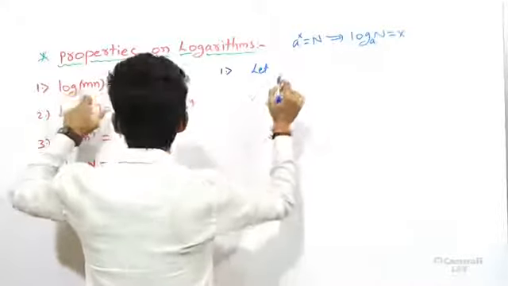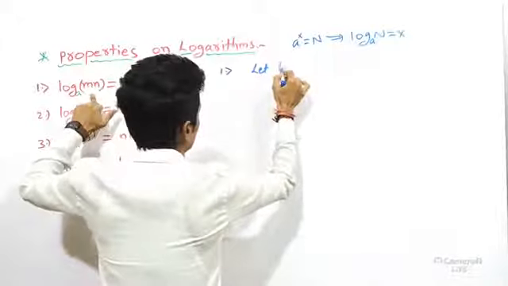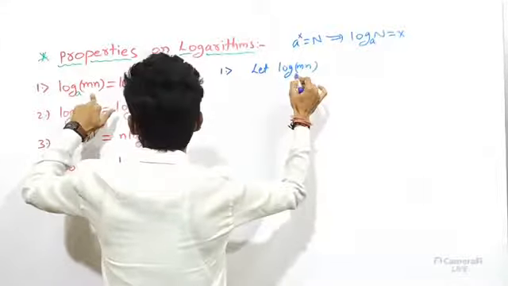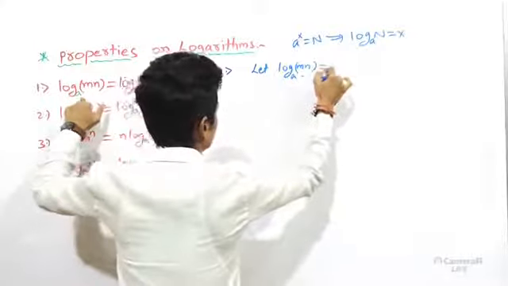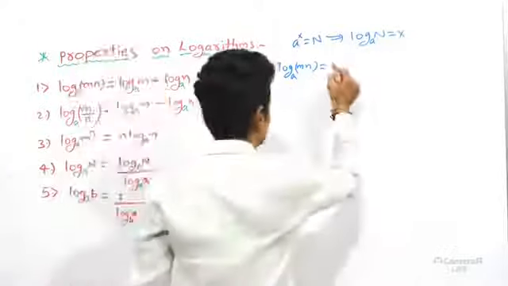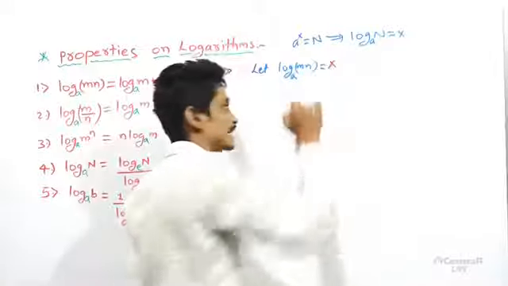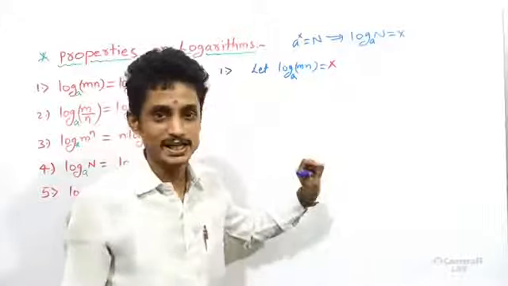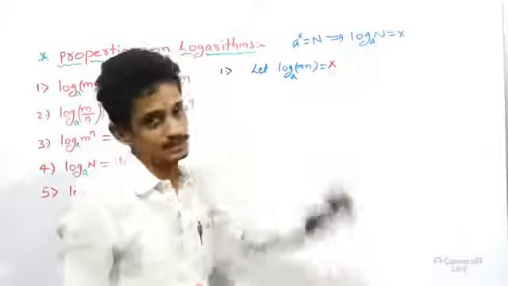Let us consider log of mn to the base a is equal to, I don't know the actual number, that's why I will write it generally as x, some unknown. For unknowns, x, y, z, anything we can take. I have taken x here.